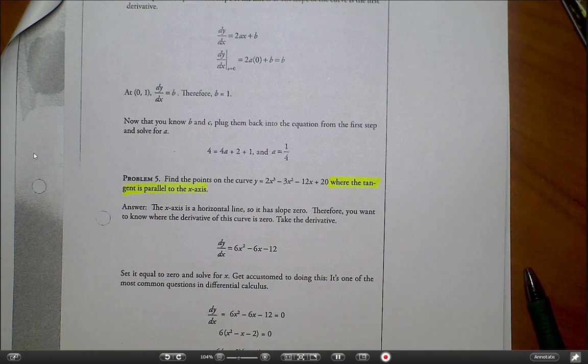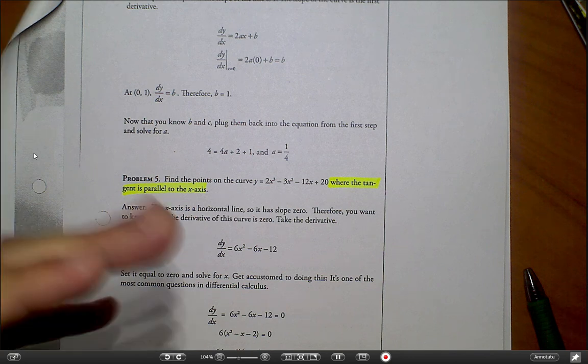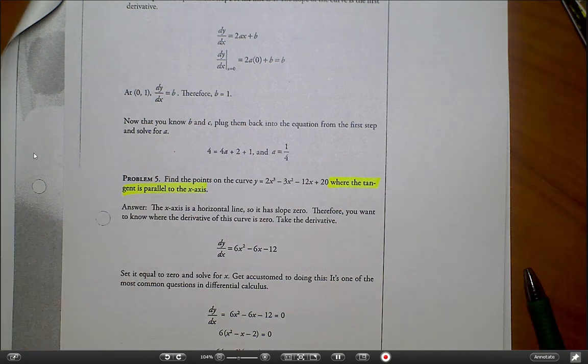You're also going to have some where tangents are perpendicular to the x-axis or parallel to the y-axis. Now if I think about it, if it's parallel to the x-axis, my slope has to be 0, right? So for that to be parallel, I want to know all the places in which my slope is going to be 0.